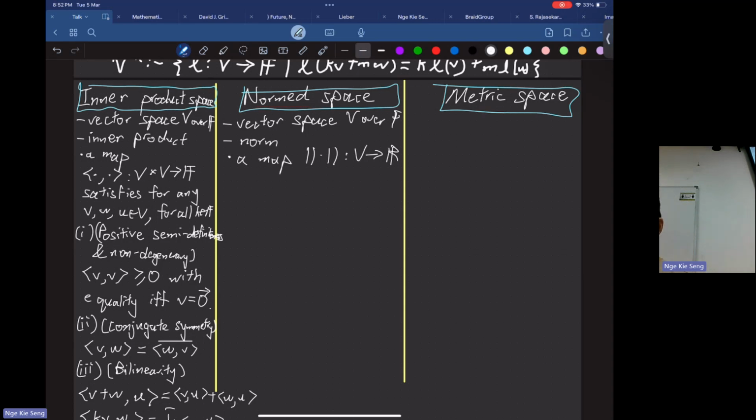So let me give you three properties that this norm needs to satisfy. First, there's positive definiteness and non-degeneracy.